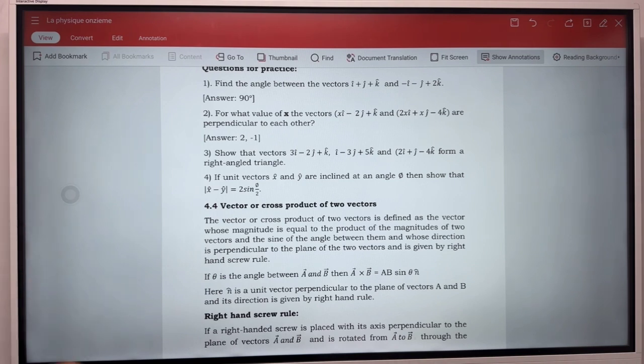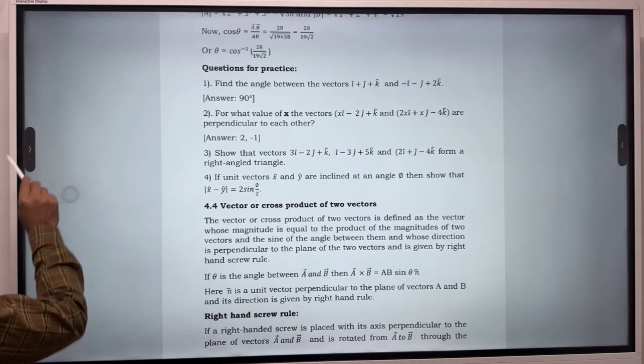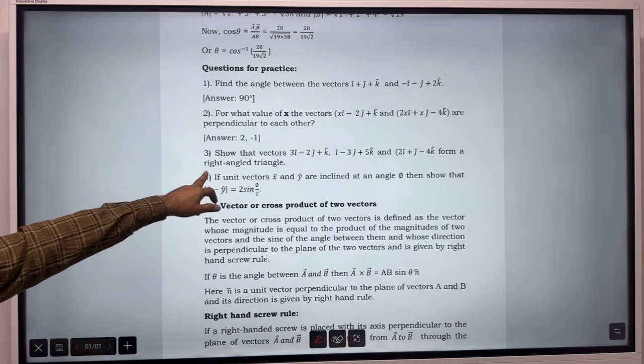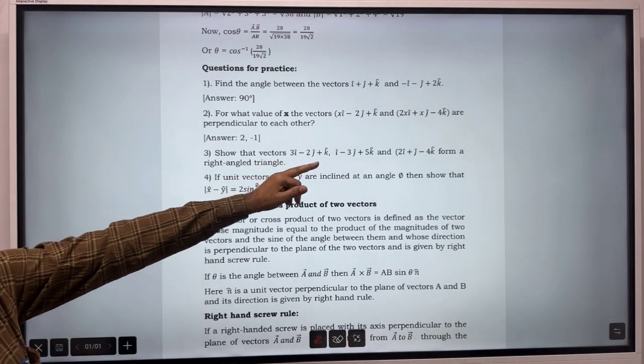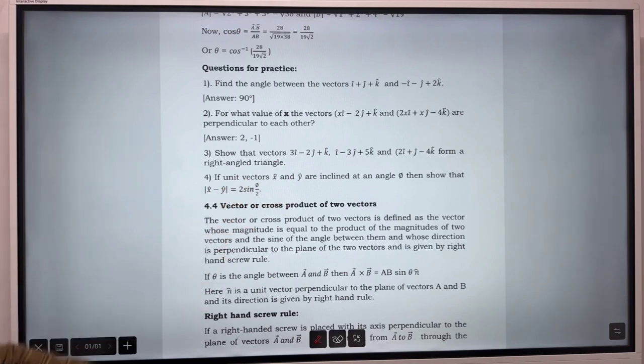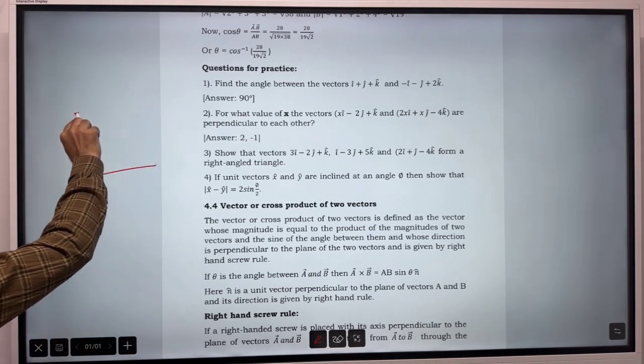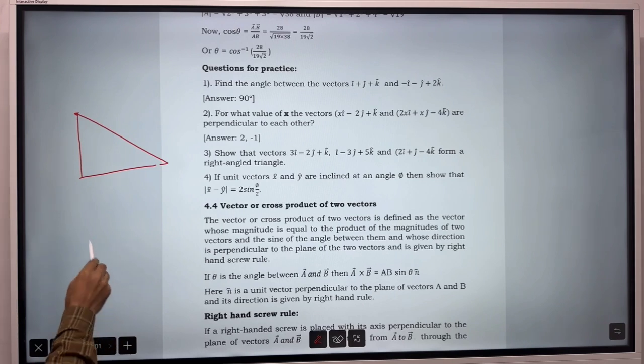Now let's see another question. Here you are given three vectors and asked to show that they form a right angled triangle. So what will be the condition? Suppose there are three vectors. If one angle becomes 90 degrees, in that case you can say that these three vectors represent the sides of a right angle triangle.